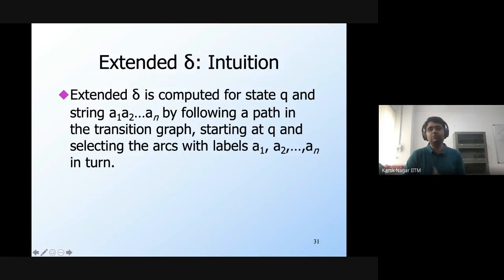You begin from the state Q in the graph, you take the outgoing edges which have been labeled by A1, A2 up to AN, and in the end you are going to end up in some state. That will be the delta hat of Q and this string A1, A2 up to AN. So this is another way of thinking about this extended delta, following the graph representation of the DFA.